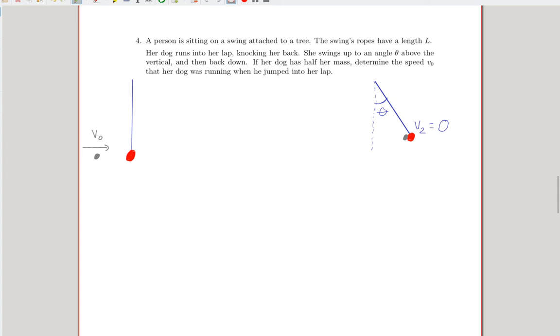But we also can't use conservation of momentum, because as the swing starts to swing upward, there's an external force, right? There's an external force from the tension in the rope, pulling the two of them attached to the swing up and to the left. The trick is to understand that this problem is really made of two motions, two different things happening, separated by an intermediate picture.